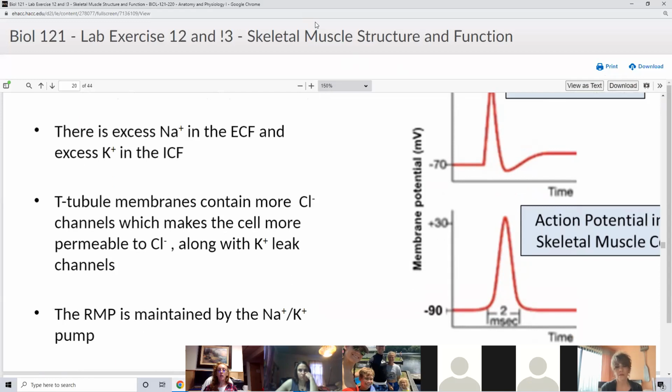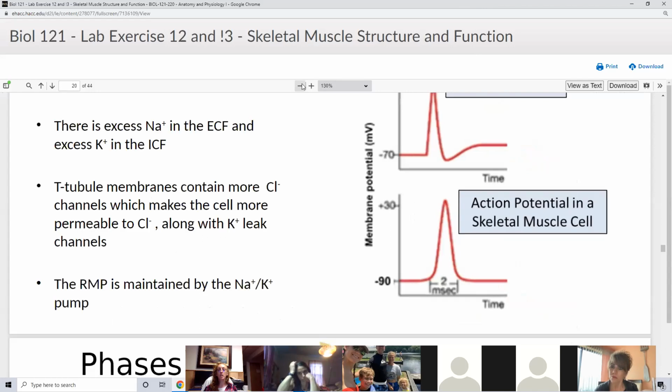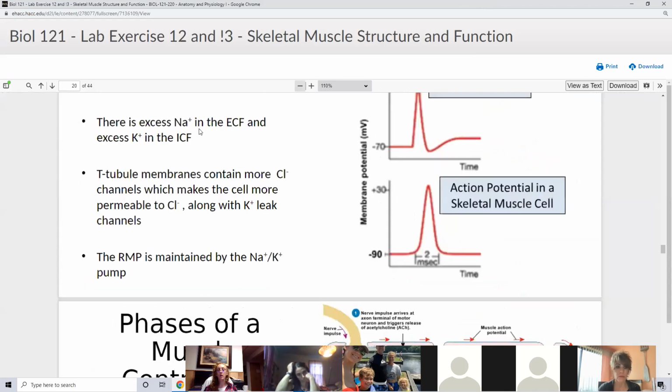And the resting membrane potential is going to be maintained by the sodium potassium pump. Remember, that's the way we're always recharging the fact that we have more sodium outside and more potassium inside, via that sodium potassium pump. Is this clear?